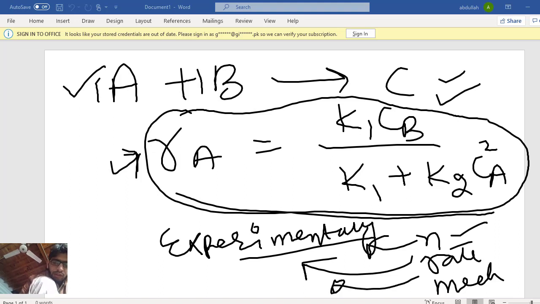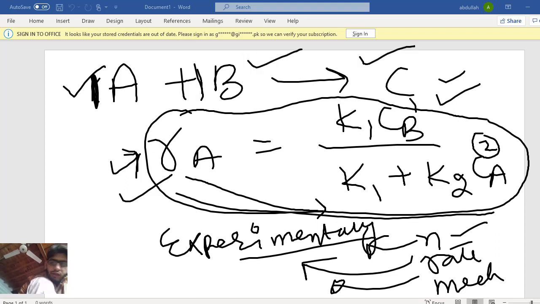So if someone has done an experiment and obtained a rate law like this for this reaction, in which the power of concentration is not equal to the stoichiometric coefficient, then this type of reaction is known as a non-elementary reaction.